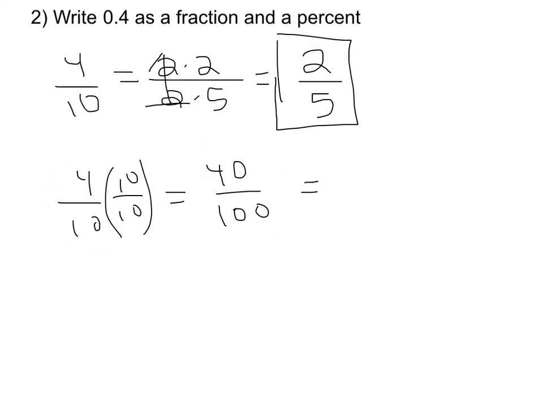So that means that that is 40%. I could have also figured 0.4 is the same thing as 0.40, and there's my 40 100ths there, or 40%.